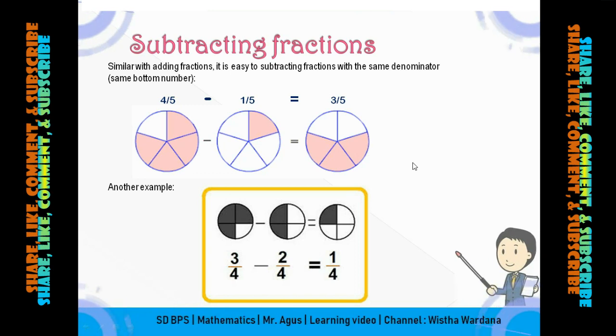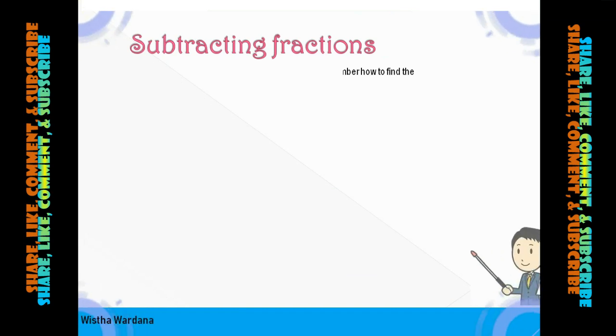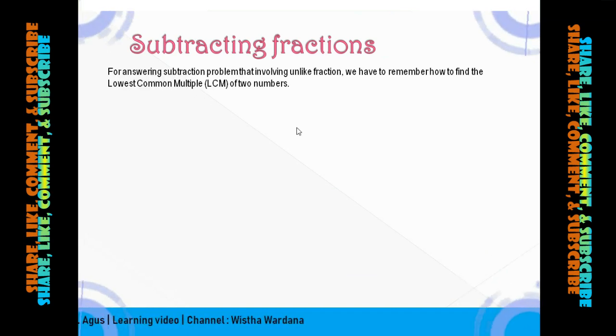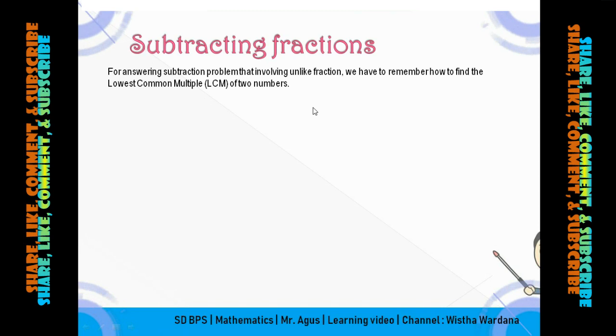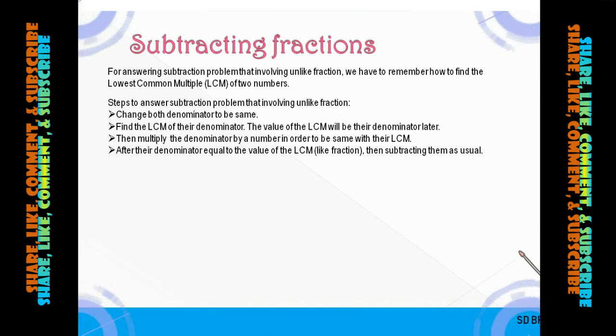The focus is how to answer subtraction fraction problem that involving unlike fraction. The way to get the answer is similar like addition problem of the fraction that involving unlike fraction.